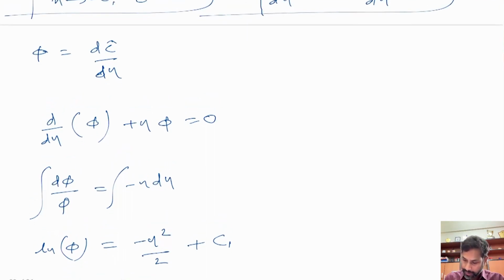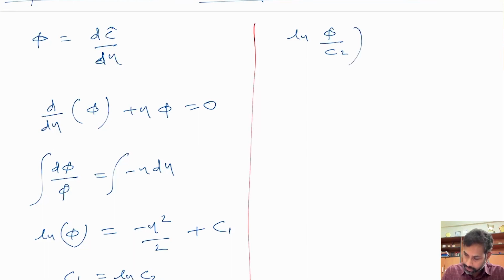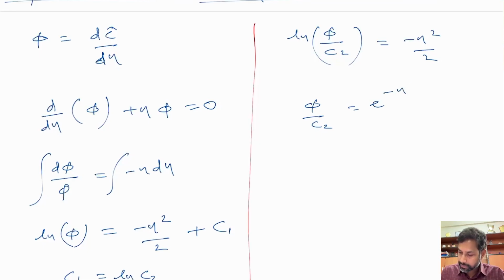So we can rearrange this equation as log of phi over C2 equals minus eta square by 2. This gives phi over C2 equals e to the power minus eta square by 2, or in other words, phi is equal to C2 e to the power minus eta square by 2.